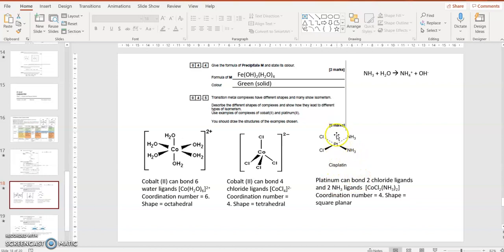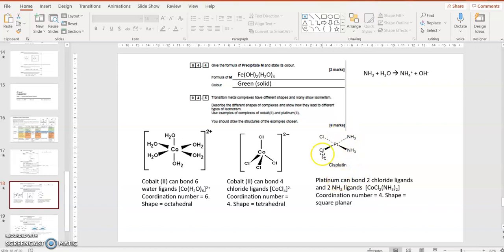Cisplatin, you need to know platinum has 2 lone pairs, one up and one down, and it forms square planar shapes. So you can have two Cl together and two NH3 together. That's called cisplatin. Cis means together, sometimes called a Z isomer, but in this case cisplatin, used as a cancer drug.